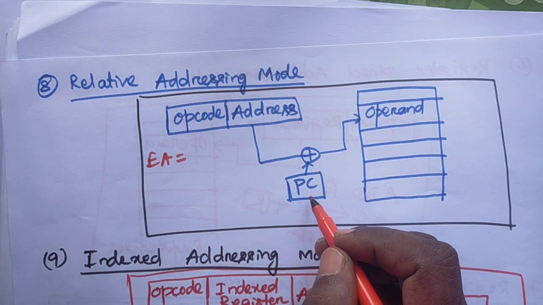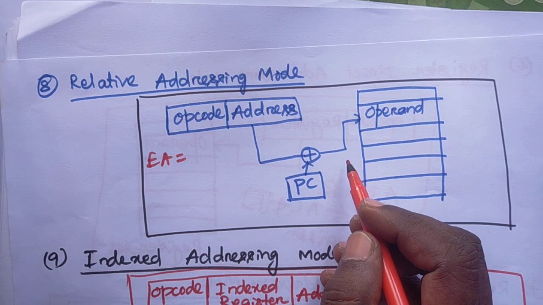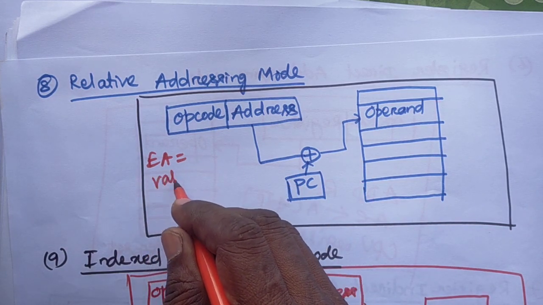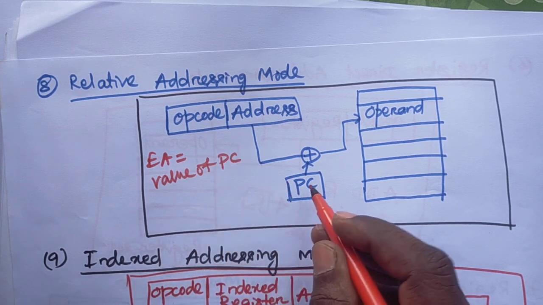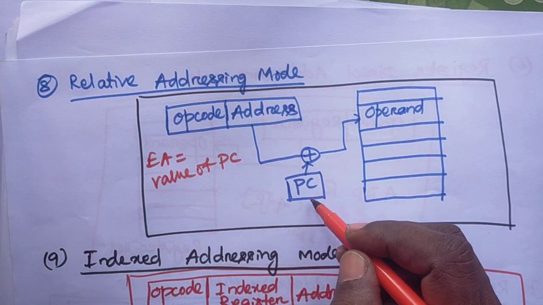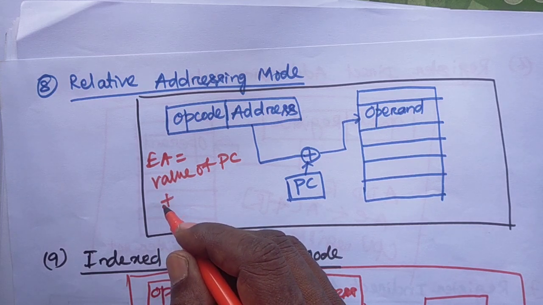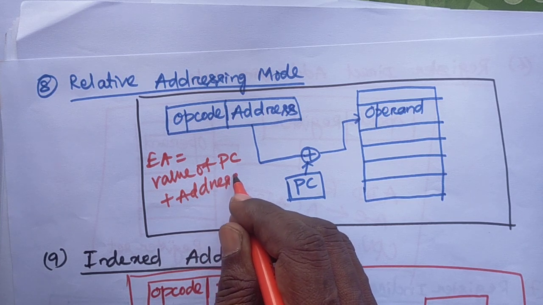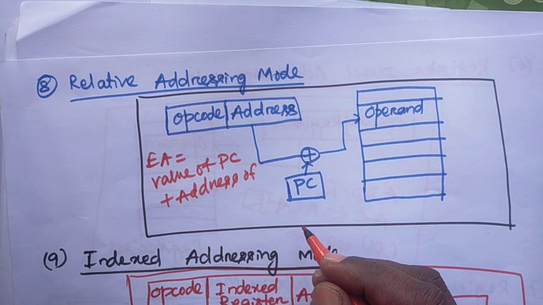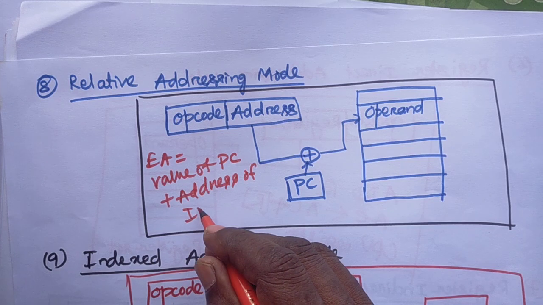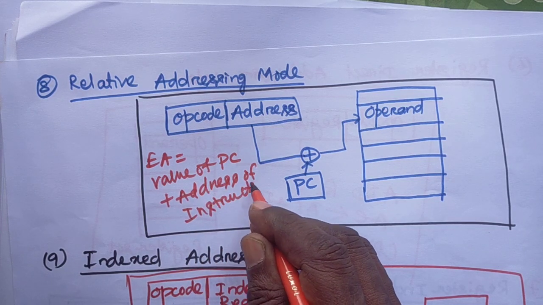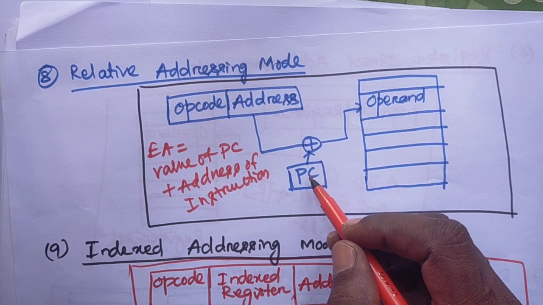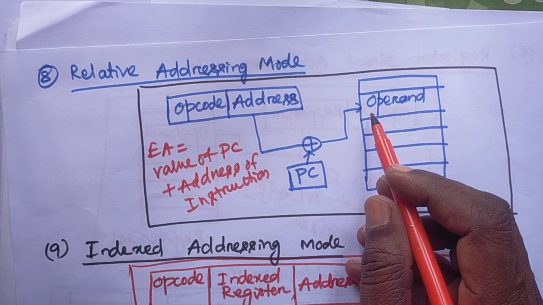Because with the help of the PC, the program counter, the address can be defined. So the effective address is defined as the value of PC plus the address of the instruction. Okay, you add the value of PC plus the address of the instruction where data is available.